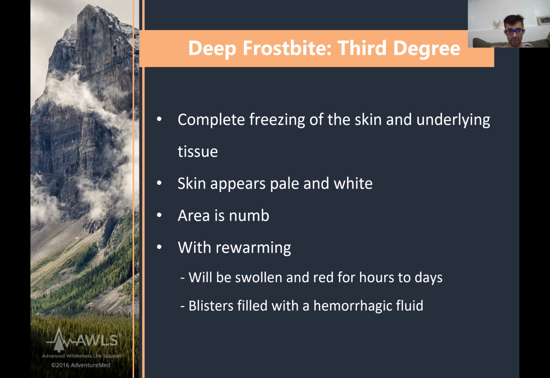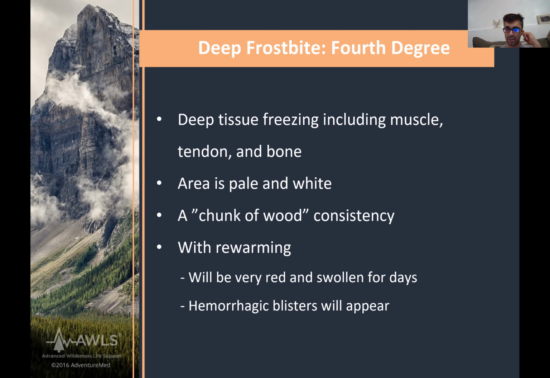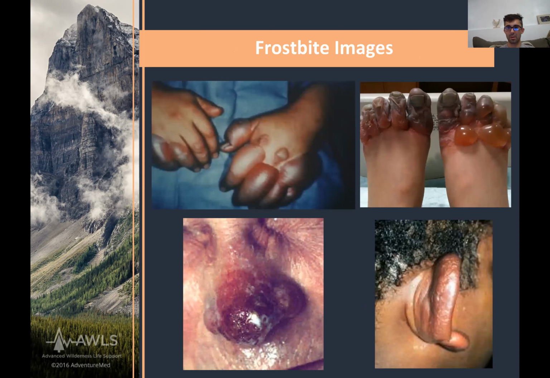So those are the blisters that are reddish or bluish, purplish coloration. Fourth degree is deeper still. It can include muscle, tendon, and bone. The area is pale and white. It will feel on palpation like a chunk of wood, is the classic quote. With rewarming, it'll be very red and swollen for days, and they'll also have the hemorrhagic blisters. Here are some pictures here.